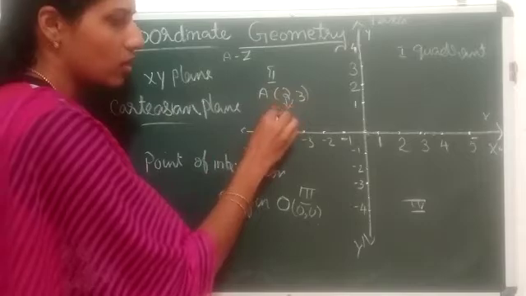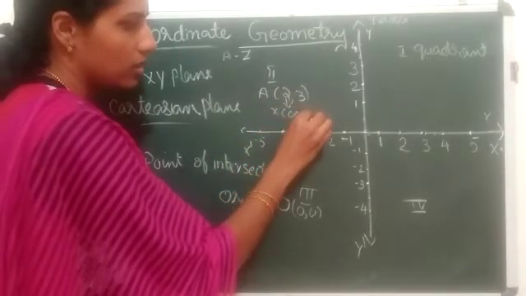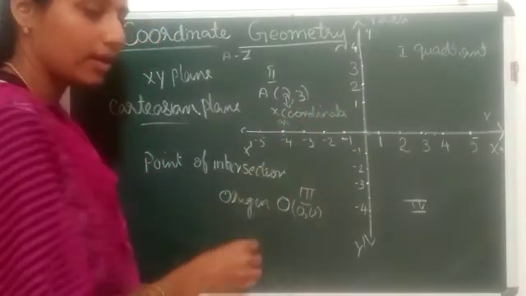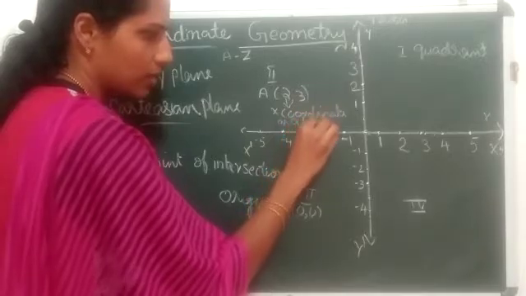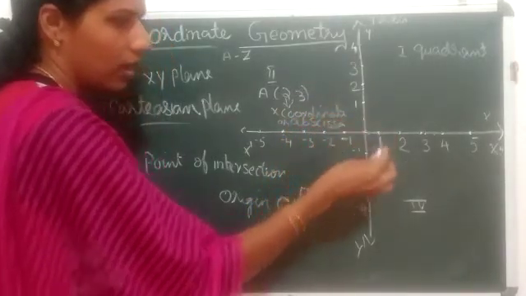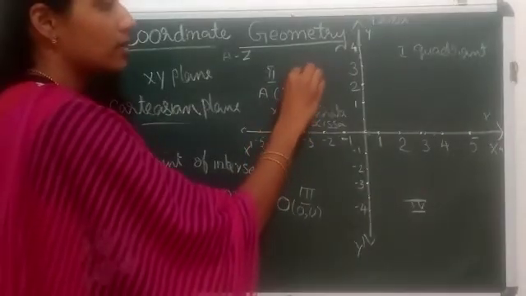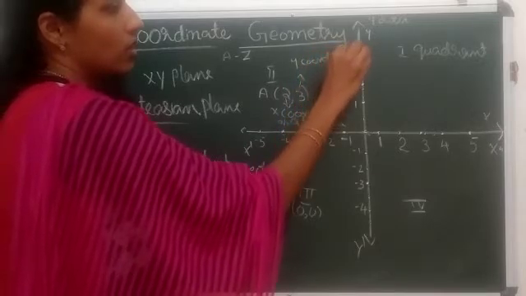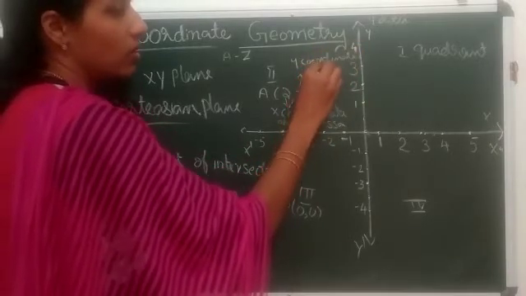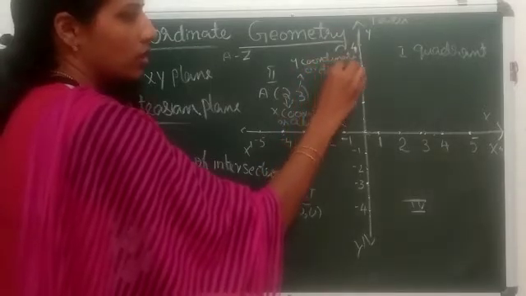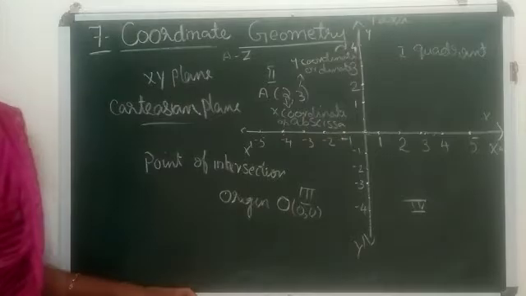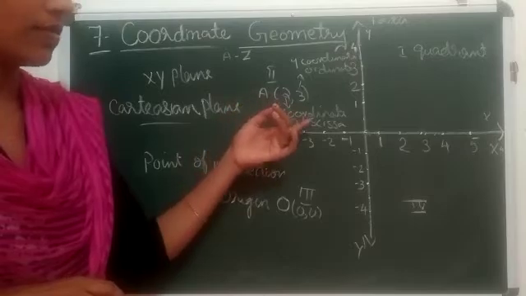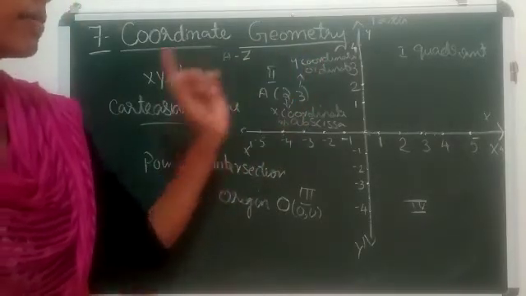This x value is called the x-coordinate, or another name for it is abscissa. In the same way, this y value is called the y-coordinate, or otherwise ordinate. Clear? The x value is called the x-coordinate, and the other name is abscissa. The y value is called the y-coordinate, and the other name is ordinate.